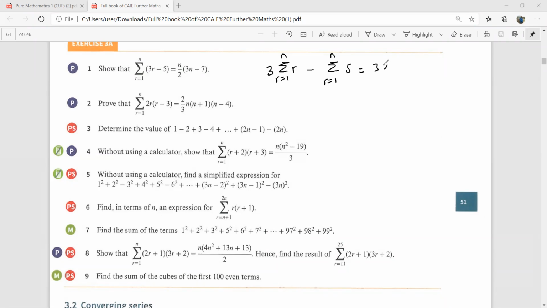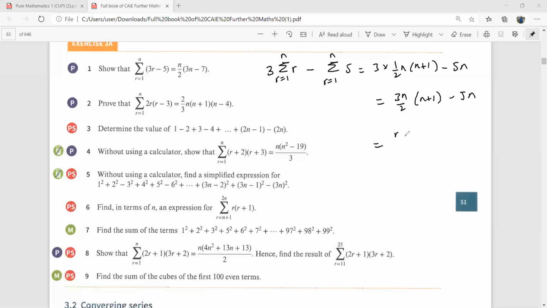And then you have 3 into half into n plus 1, and then for this you have 5n, and then you simplify this. Whatever LCM, whatever you do, you see that first of all this is going to be 3n over 2 into n plus 1 minus 5n.